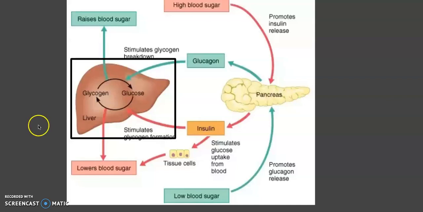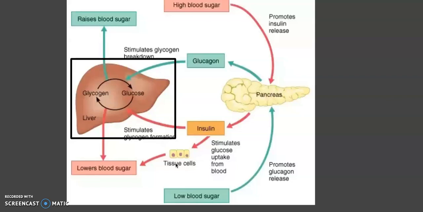So we can follow the red arrow again. So when we have blood sugar again, like high blood sugar again, then the pancreas is going to release insulin. It's going to take that sugar into cells, and then cells can transform it into ATP to use it as energy, and also into fatty acids, which the body also needs.